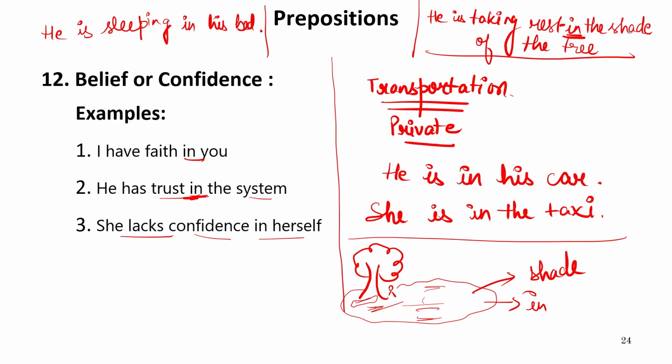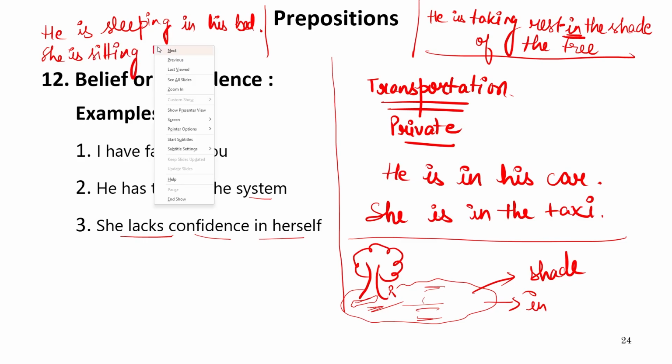Also, if the chair is having arms, or if the chair contains arms, we use in. For example, she's sitting in the chair.